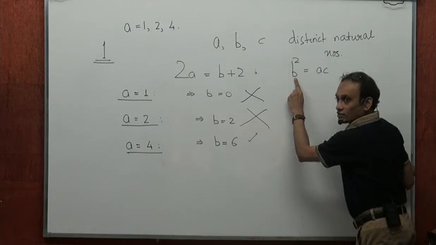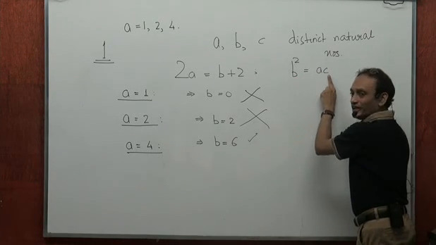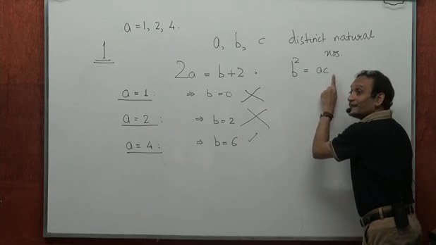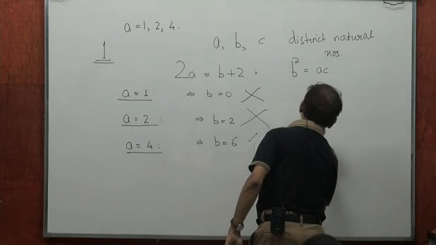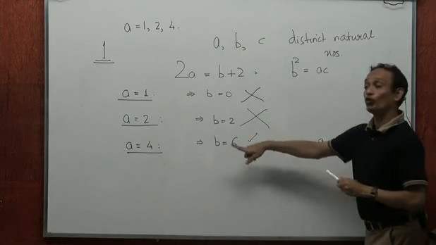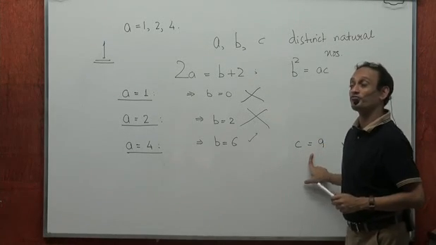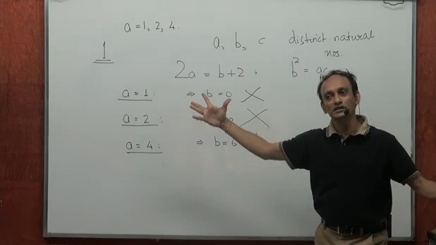Put B equal to 6, so 36 equals 4 into C, that gives me C equal to 9. Very good. All of it now is fine. A will be 4, B will be 6, C will be 9. That's the set of A, B, C that satisfies all the conditions of the given problem.